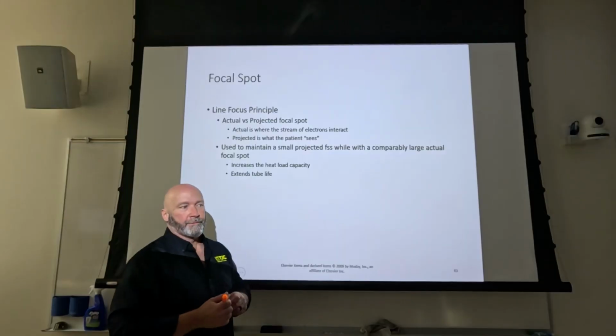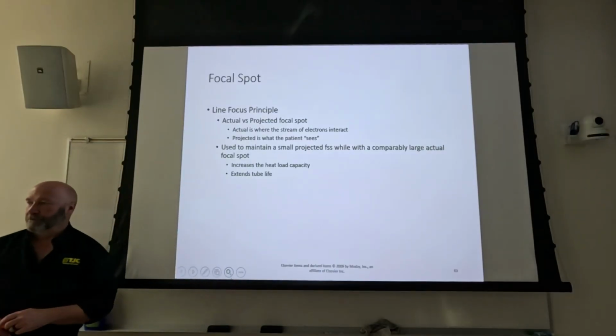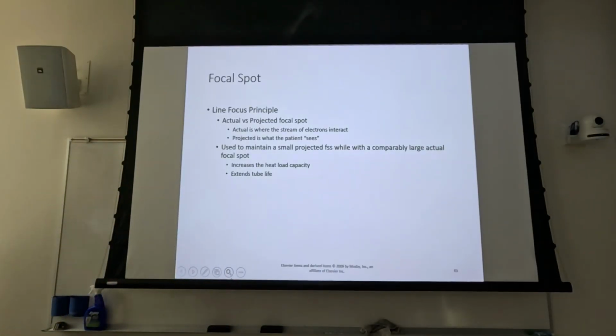So the line focus principle is the difference between those two things, with the actual focal spot being the area of bombardment, as opposed to the projected focal spot being what the patient could see if they were looking straight up into the X-ray tube. So it's used to maintain a small projected focal spot and increase sharpness of recorded detail, and still have a relatively large actual focal spot, so that the X-ray tube could withstand greater heat.